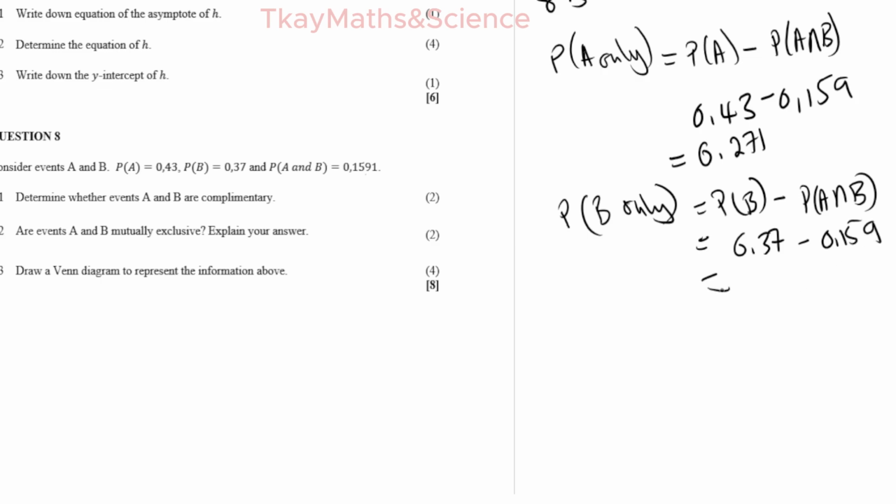We're going to get 0.211. That is the probability of getting A only and B only.